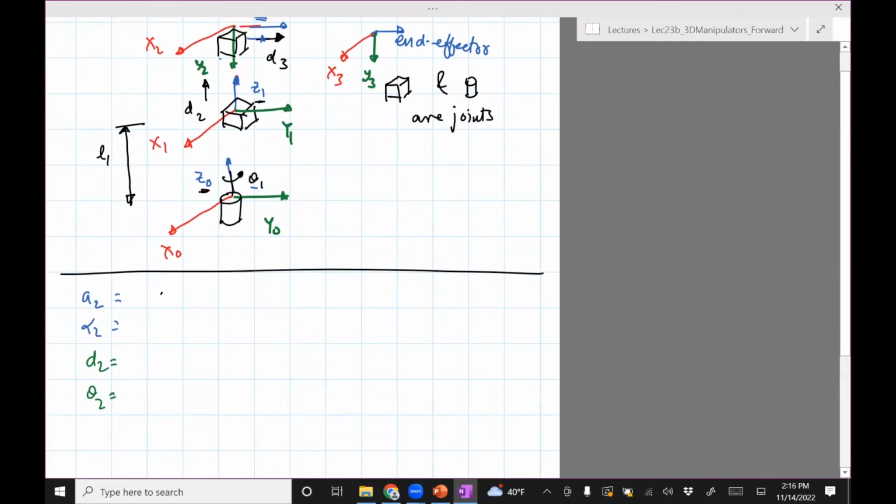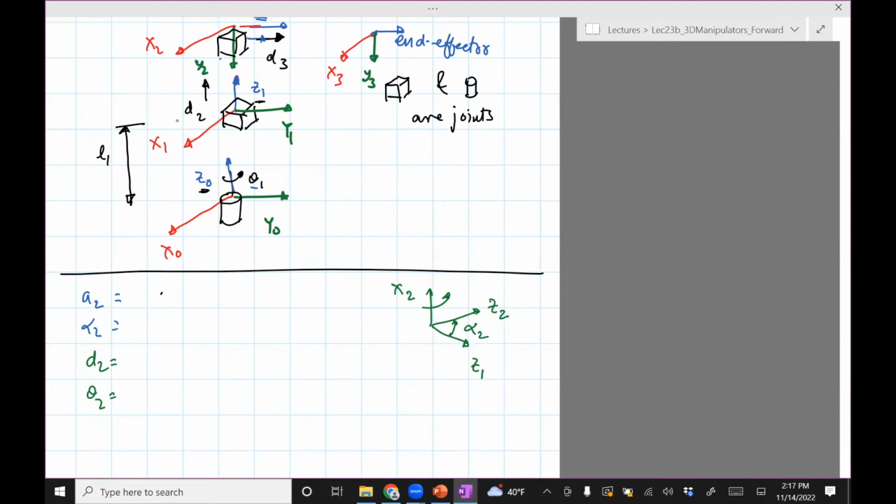I'm going to use the same figure I drew earlier, from page 3. We have i equals 2, so we have the angle between Z1 and Z2 about axis X2. This will be alpha 2.